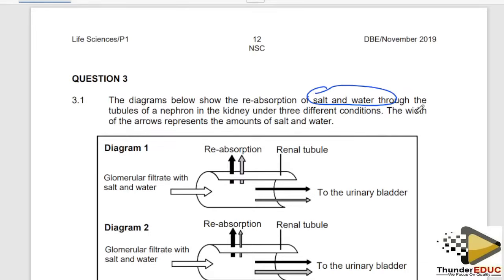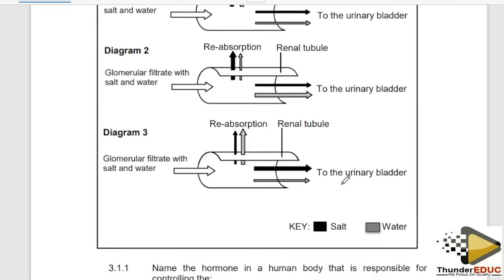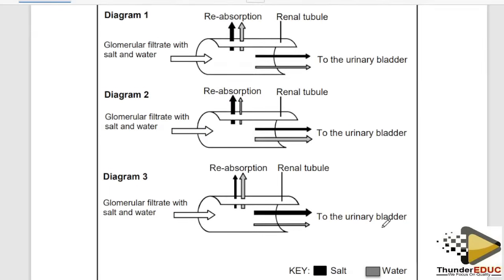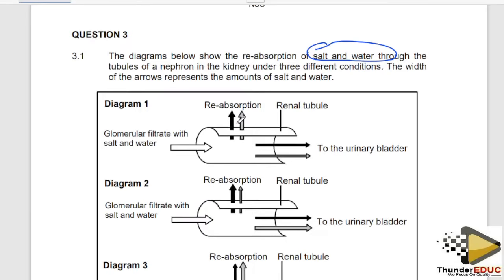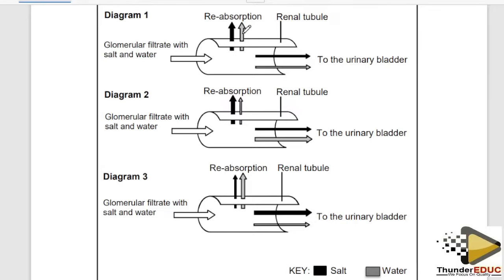They're saying that the width of the arrow represents the amount of salts and water. All right, let's start. Reabsorption. We need a key. Oh wow, the key is here. Dark means salt, gray means water. This is salt, this is water.